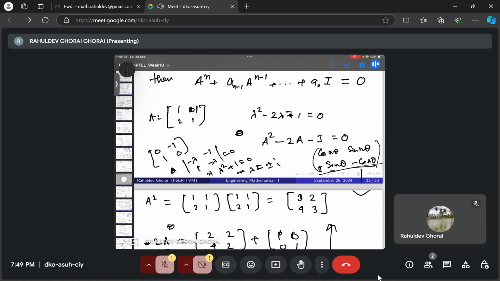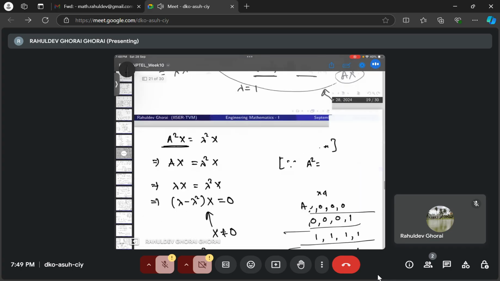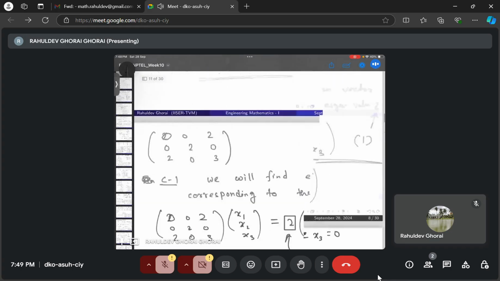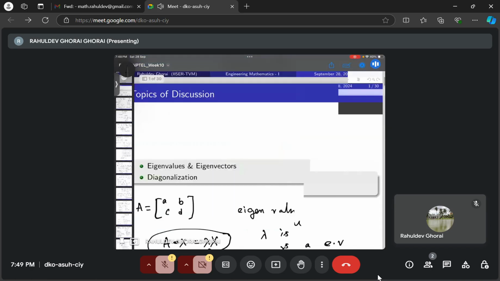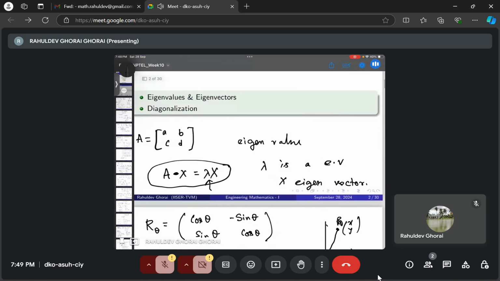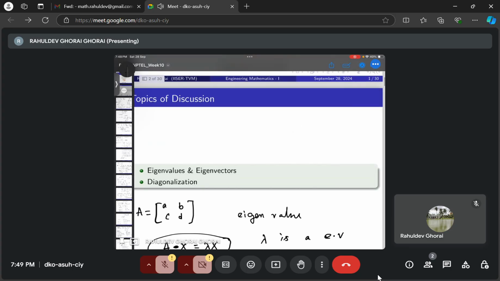Yeah, so we are done for today, most probably. At least what you can take from today's session is how to find the eigenvalues and eigenvectors, and how to diagonalize a matrix, which we said at the beginning we would discuss.